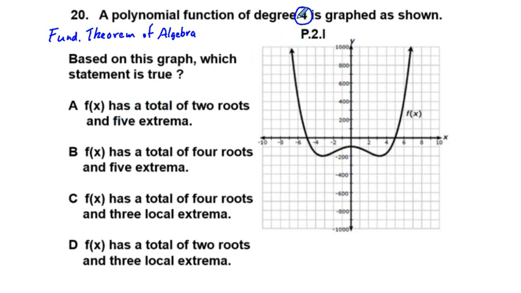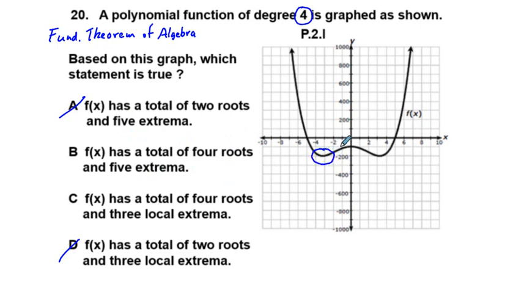And it says some of the roots may be real and non-real, and some of the zeros may be repeated. And then we get back to problem 3, the first one we went over, where we had that root of -5, which was repeated for a multiplicity of 2. So we know by the fundamental theorem of algebra, we have 4 roots. And so we can cross off A and B automatically. And then we start counting for extrema, which are maximums and minimums.